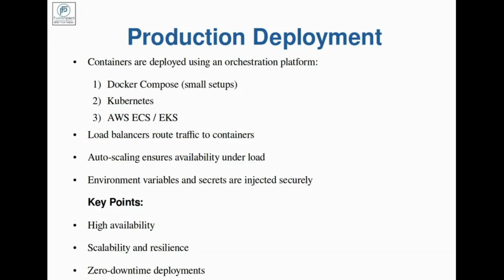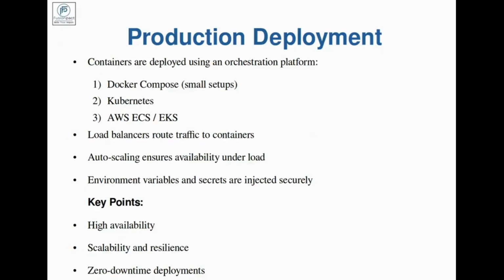In production, containers are deployed using different orchestration platforms. If we have thousands of containers, we can't manually run them. So we need an orchestration platform to manage and maintain the state of all these containers. For small startups, we can use Docker Compose. As we all know, Docker Compose is the best option when we have to spin up multiple containers using just a single command.